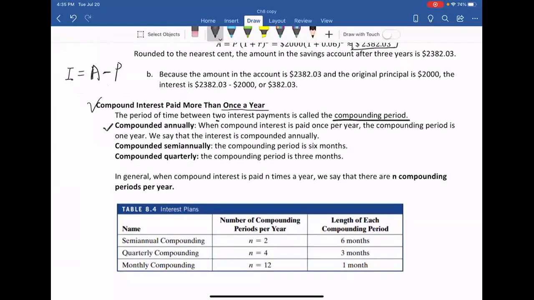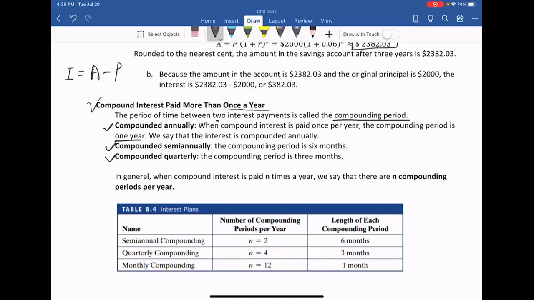Compounded annually. When compound interest is paid once a year, the compounding period is once a year. We say that the interest is compounded annually. Compounded semi-annually, the compounding period is 6 months. Compounded quarterly, the compounding period is 3 months.